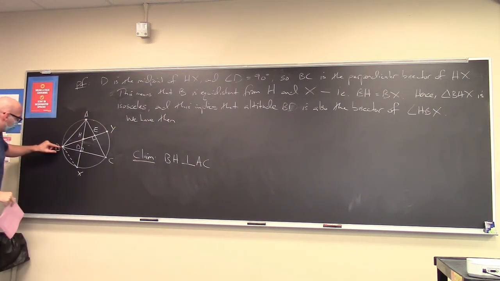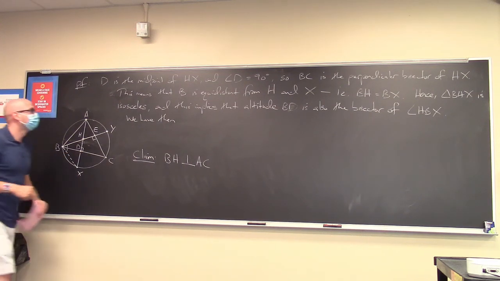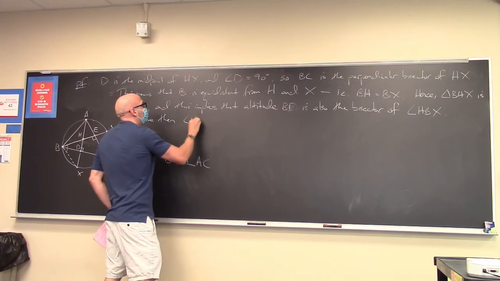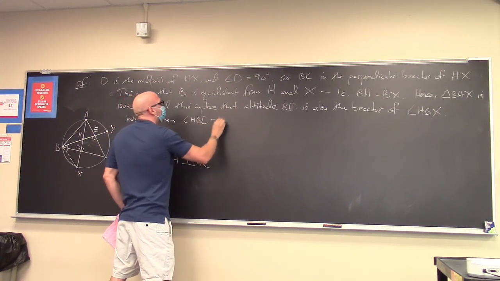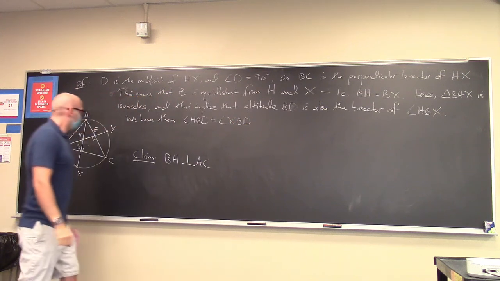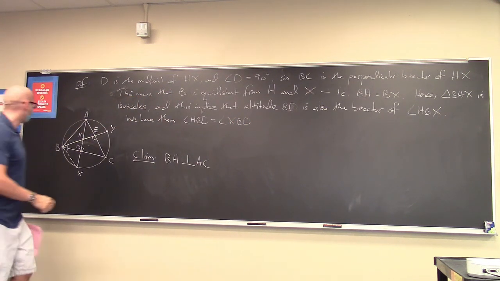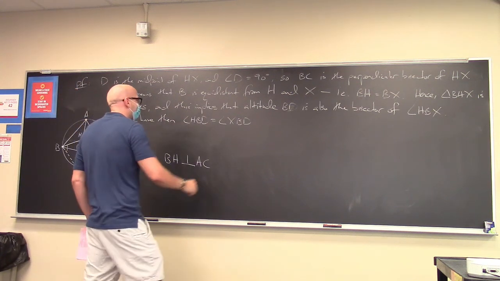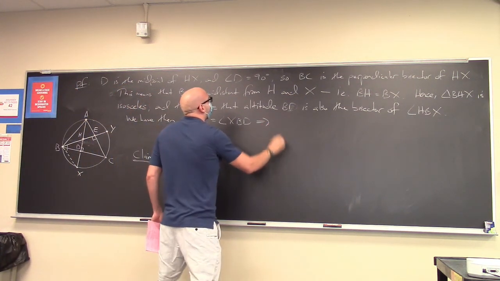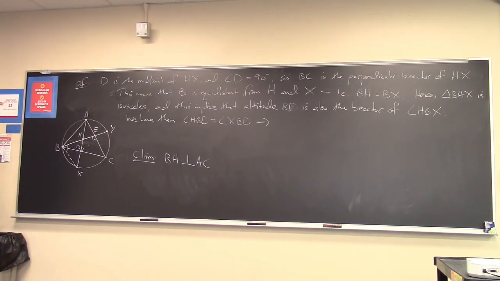So we have then that these two angles here are congruent. Angle HBD is equal to angle XBD. I'm getting a little bit tired of writing words, so I'll just put an implication sign here. What does that mean?